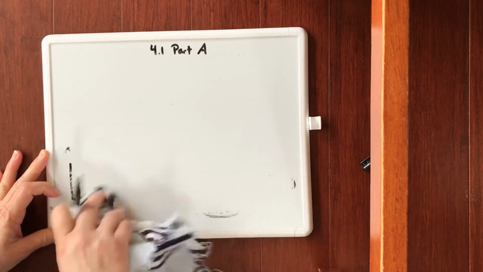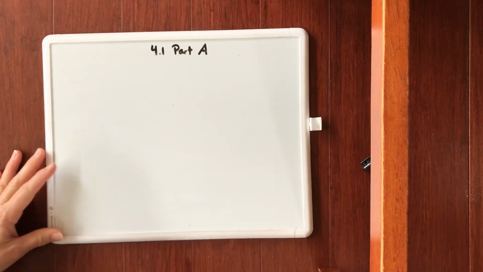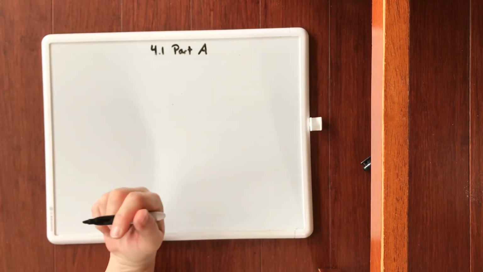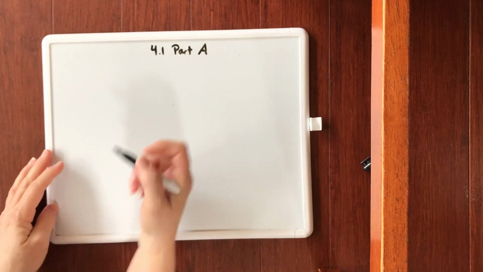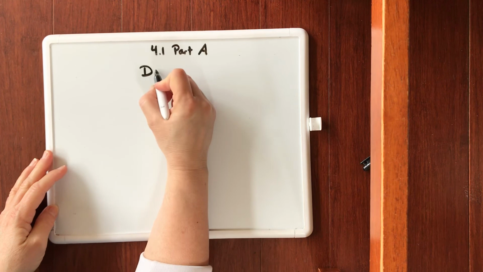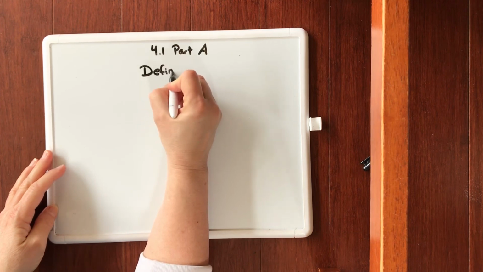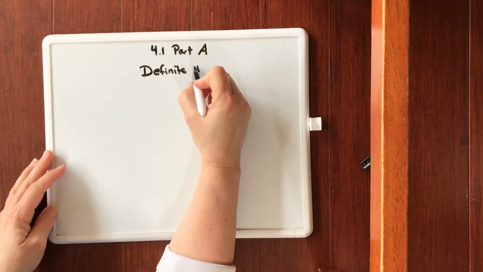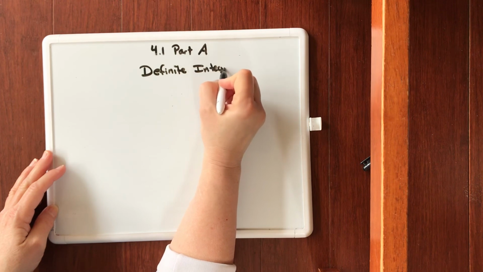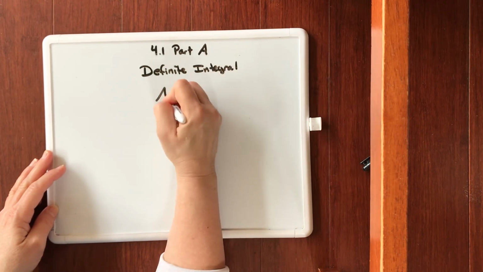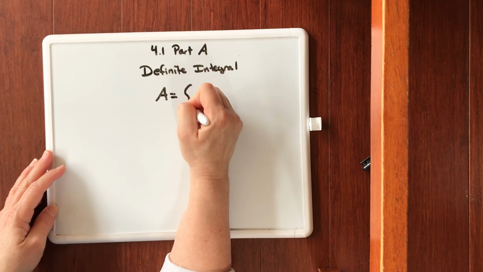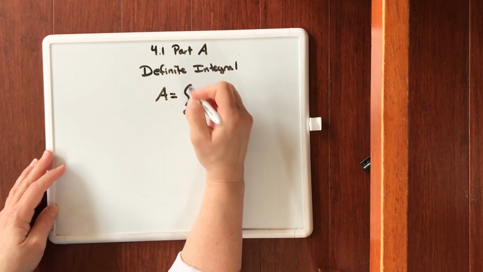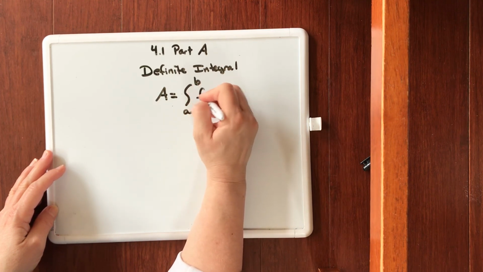Okay? And we're going to get there, but I'm going to show you how we're going to start to get there. We have this formula. It's called the definite integral. Area equals, we're going to integrate from point A to point B of f of x dx.